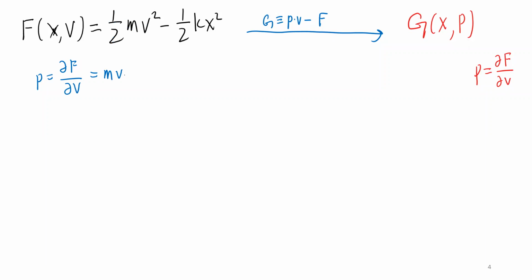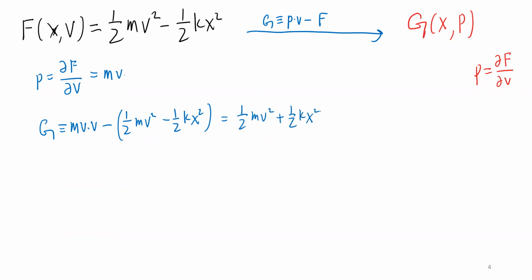Then the g would be mv squared minus f, where f is over here, and that would be 1/2 mv squared plus 1/2 kx squared.